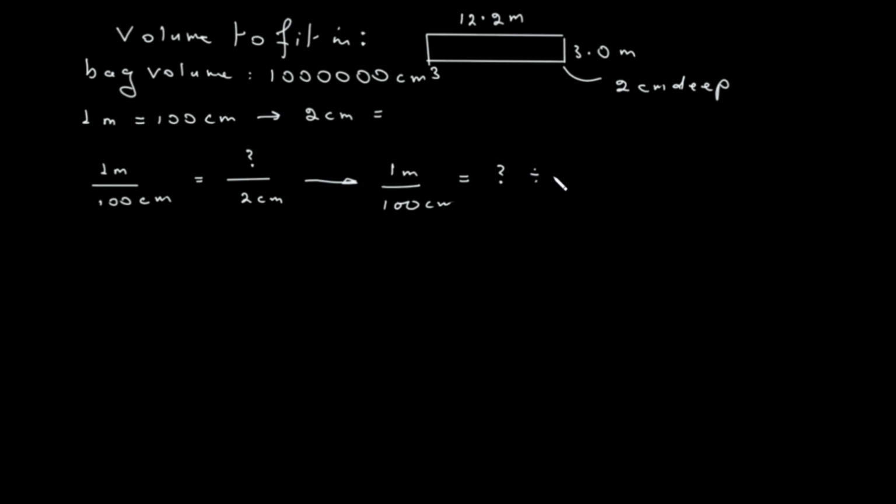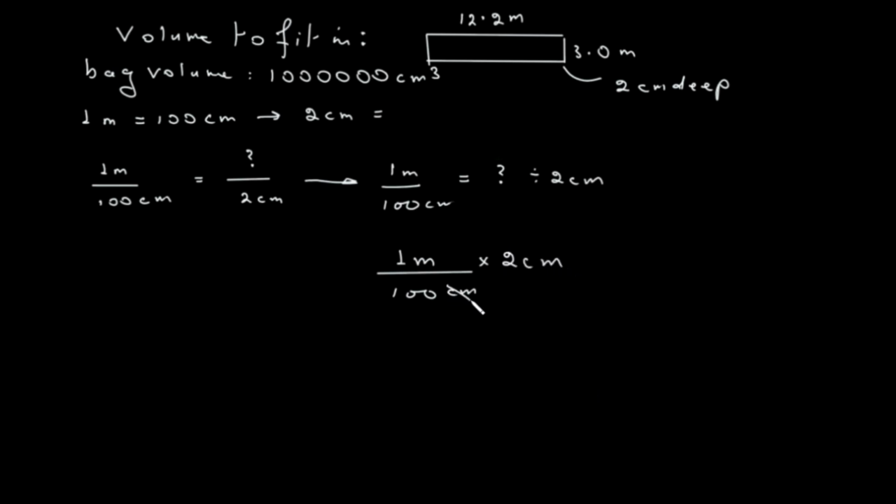Same as divide by 2 centimeters. Now this goes over the other side. Shortcut method, we do the reverse operation. Over here it's divide, so over here it becomes multiply. So we end up with 1 meter over 100 centimeters times, here it's divide, so it comes over as multiply, 2 centimeters.